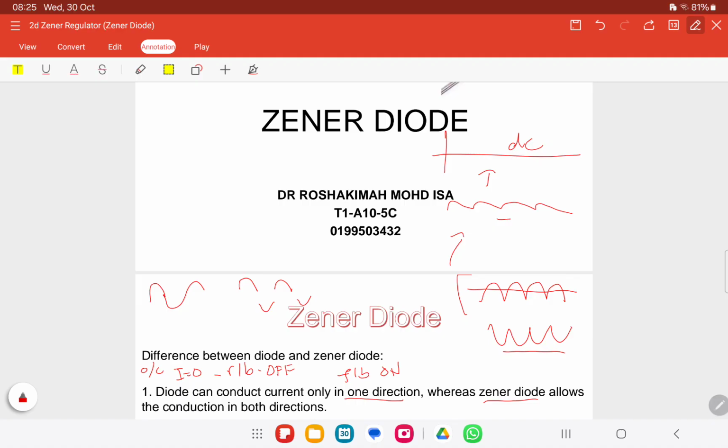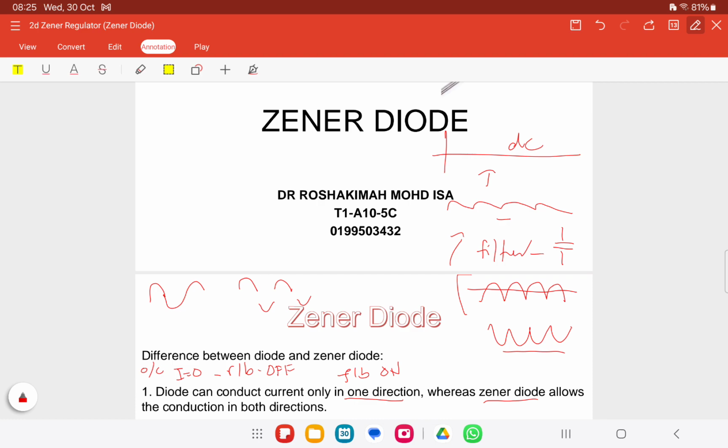Output is a smooth line. For the filter, what are the elements inside the filter? Capacitor. What is the characteristic of a capacitor? Storing, meaning we have charge and discharge.